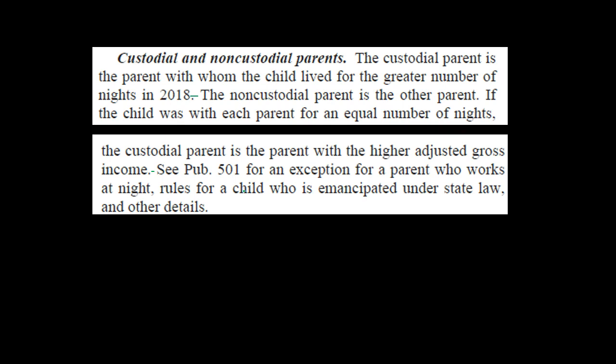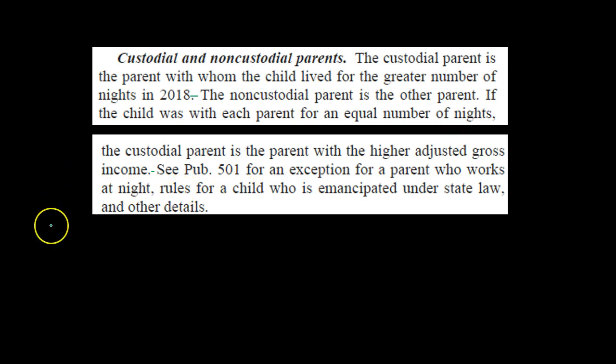I'm just guessing in trying to interpret the law here, but if the child was in both places the same amount of time, then the person with the higher adjusted gross income might be more likely to be providing more of the financial support. So if there's an equal amount of time, you go to the default, which is the higher income, more likely, that's my interpretation, to be someone giving more support. In any case, those are the two conditions.